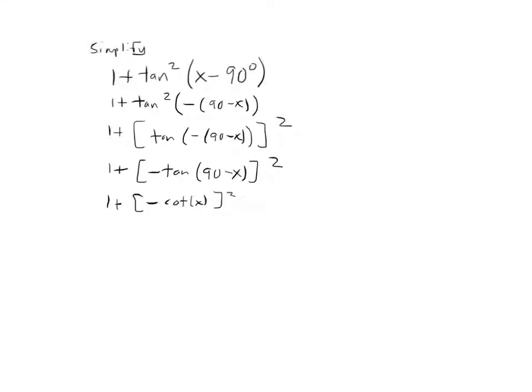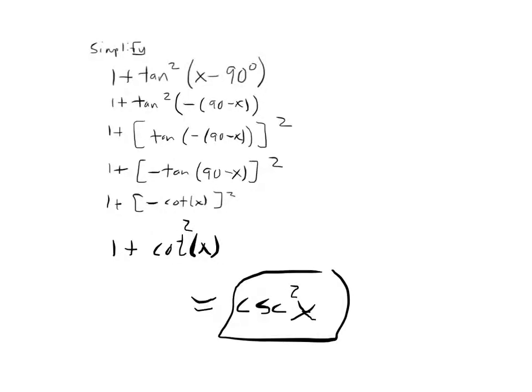I then say, okay, negative cotangent squared is the same as cotangent squared, so 1 plus cotangent of x squared, and that is a Pythagorean relationship. 1 plus cotangent squared is cosecant squared of x. That's about as tough and nasty a simplification as you're going to have.